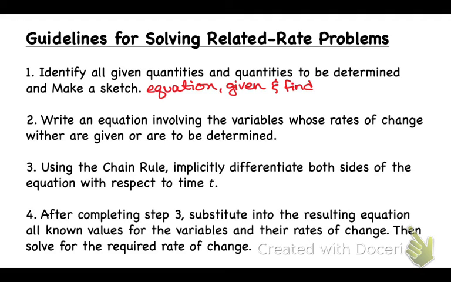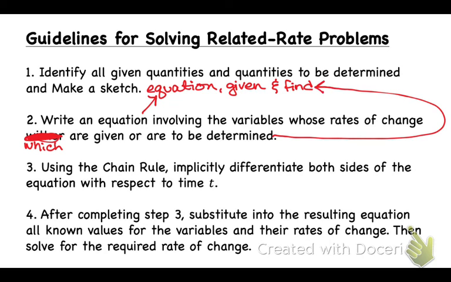So when we do this, the equation is right here, yes? And the to be determined is the what? Find? So could you compile step 1 and 2 together, basically? Yeah.